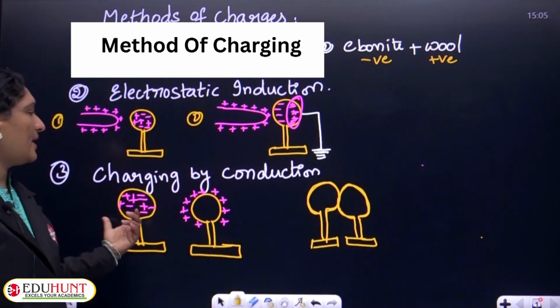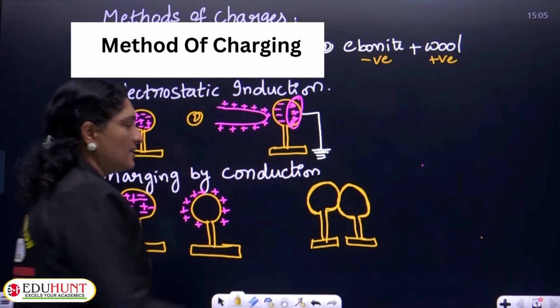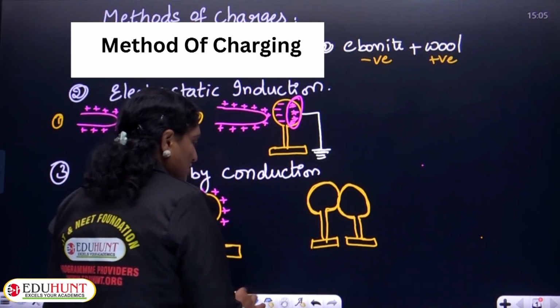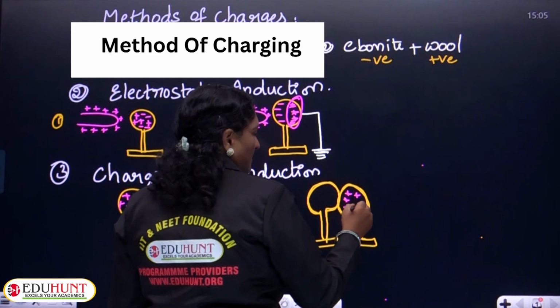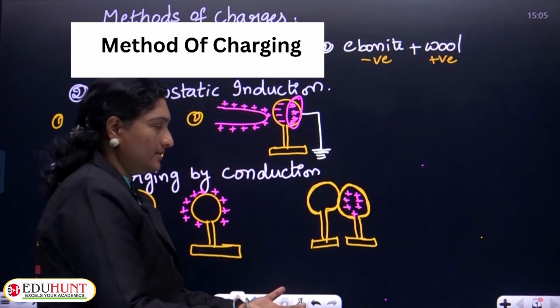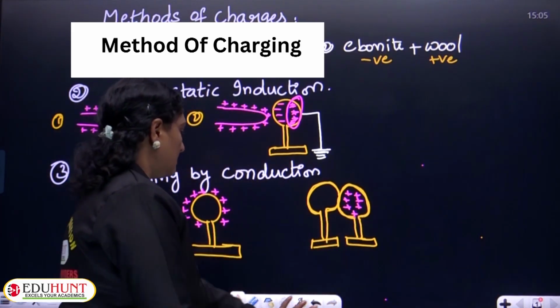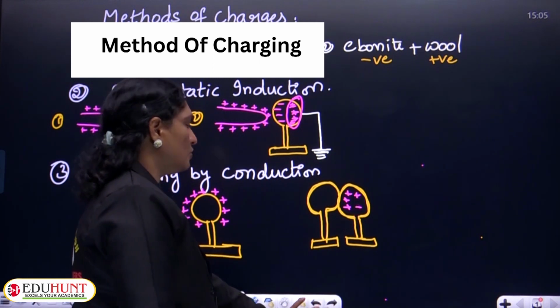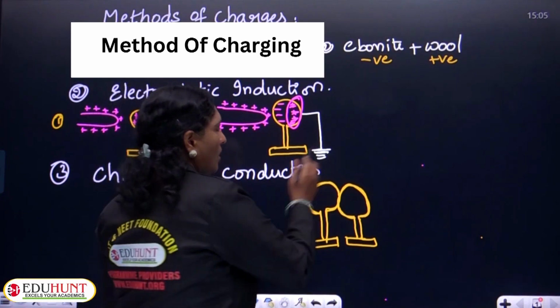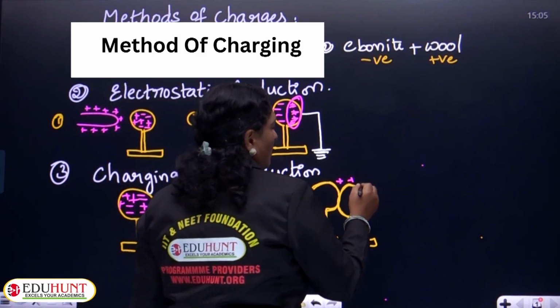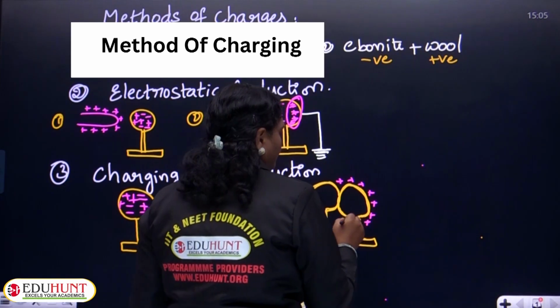When two bodies, one uncharged and the other charged, are kept in contact with each other, we observe that all the charges present on the conductor, something like this, will shift due to repulsion to the other body and occupy something like this.